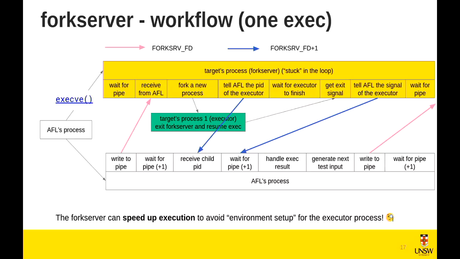So creating the child process here is actually much faster than creating a totally new process, because we have skipped those environment setups for running new processes. So this is why we can somehow speed up the execution of the target program with instrumentations.